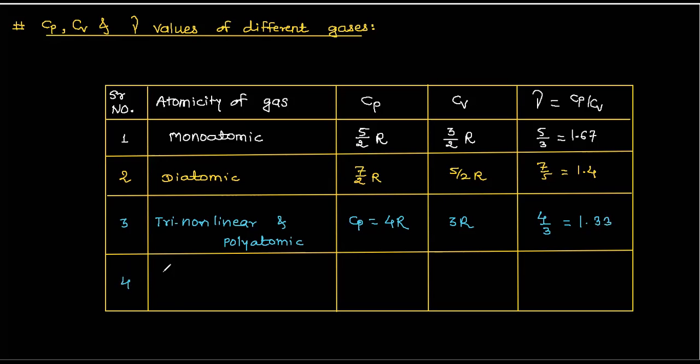And the last one is trilinear. This is tri-non-linear. This one is trilinear. So for this you have Cp 9 by 2R. Just the value is enough, no need to write Cp and all again in the table.